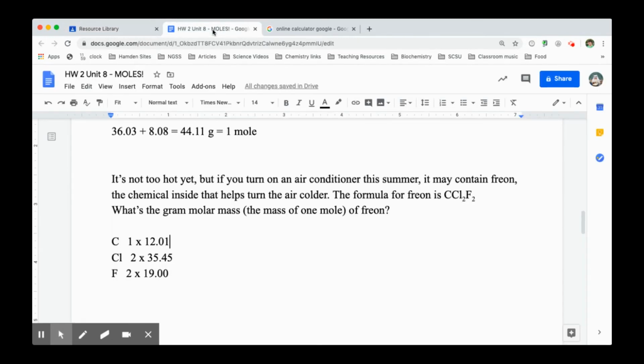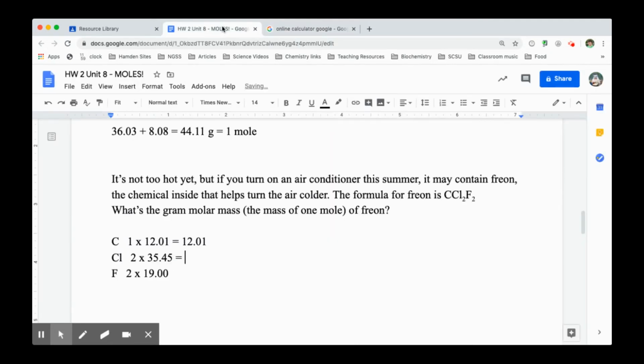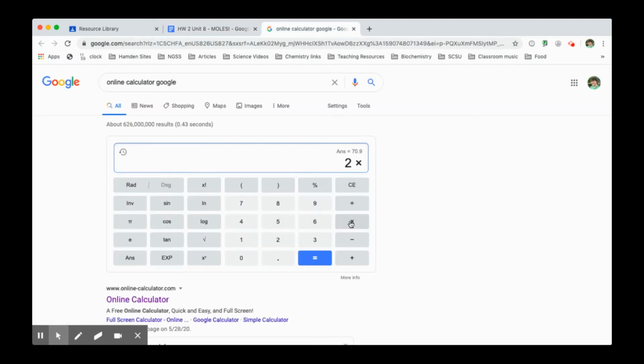So this one is easy to do. 12.01. 2 times 35.45 is 70.9. And now 2 times 19. 2 times 19 is 38.